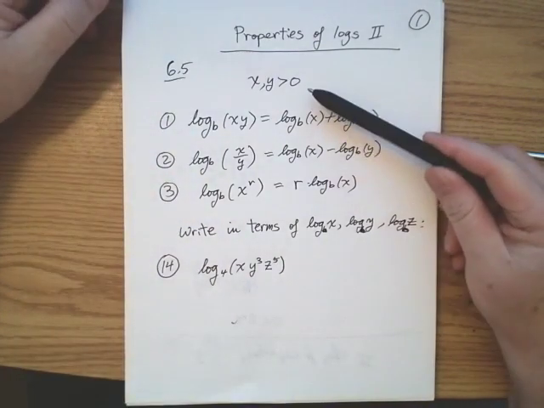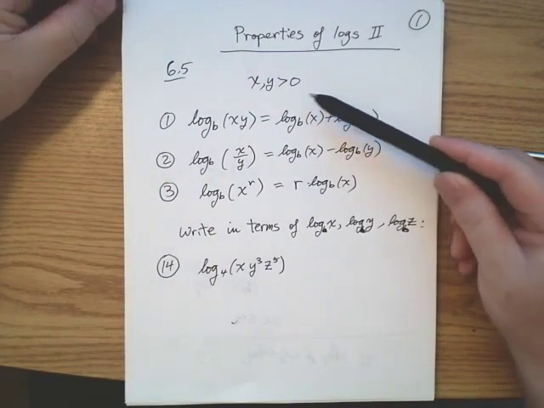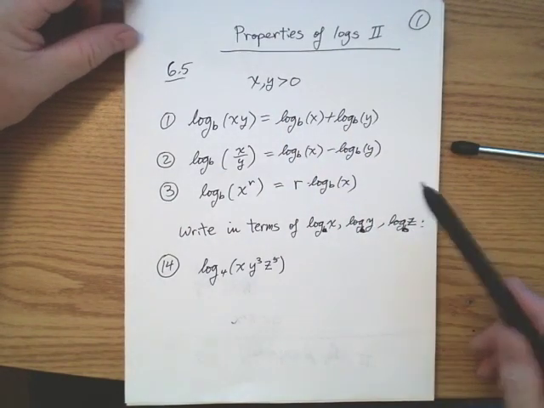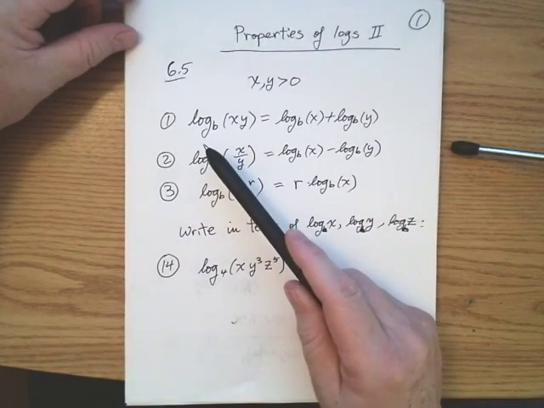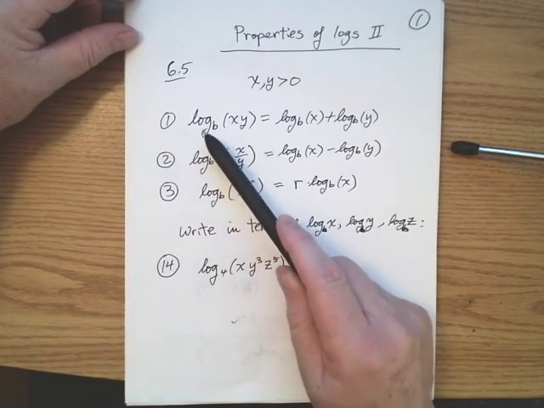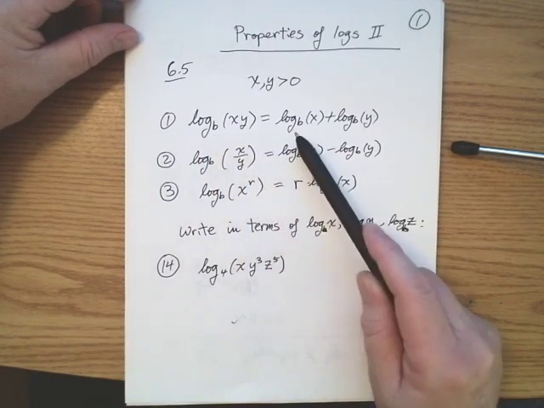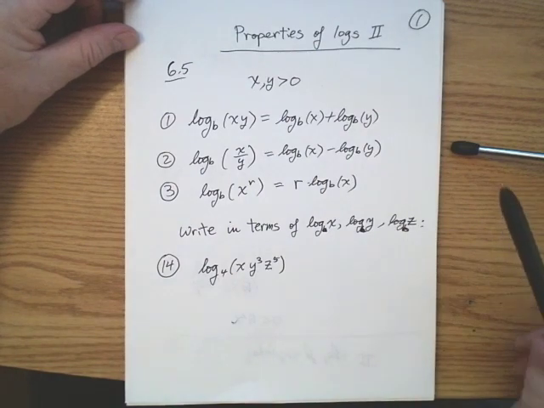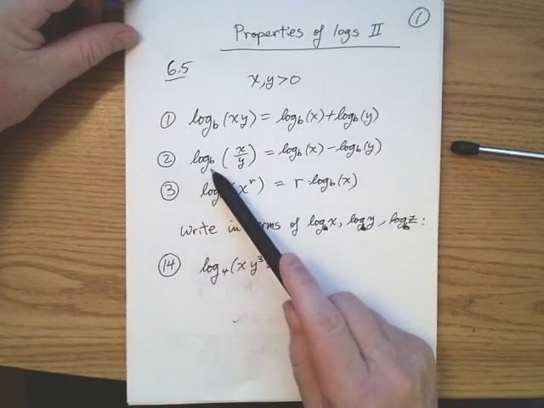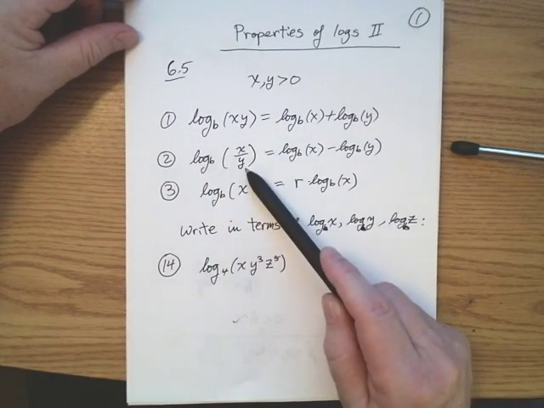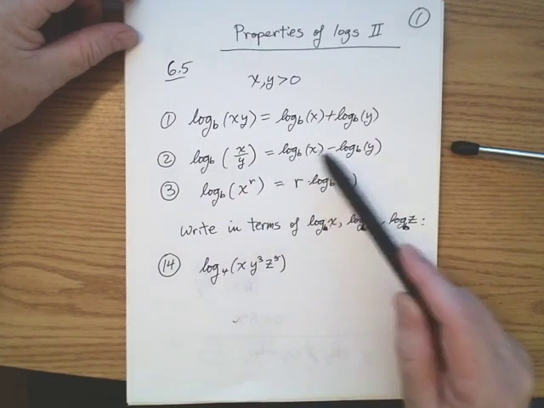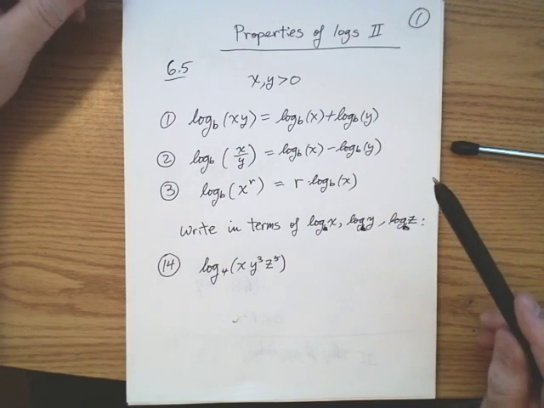This first part here, I just want to reiterate what we did last time. If x and y are positive real numbers, we had the following properties we showed holds. The logarithm base b of xy is the logarithm base b of x plus the logarithm base b of y. The logarithm base b of the quotient x over y is the logarithm base b of x minus the logarithm base b of y.